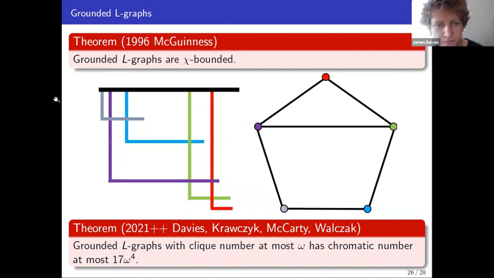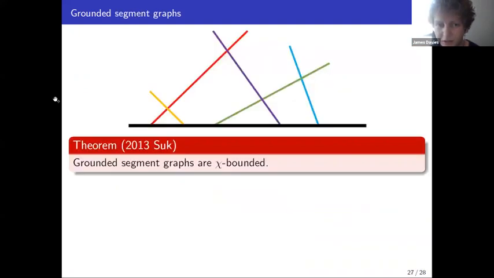Now, seeing this extension, it's tempting to ask how far you can take these ideas. A next step is perhaps grounded segment graphs. These are intersection graphs of segments where you have an endpoint lying on some grounding line. And these are also known to be chi-bounded.